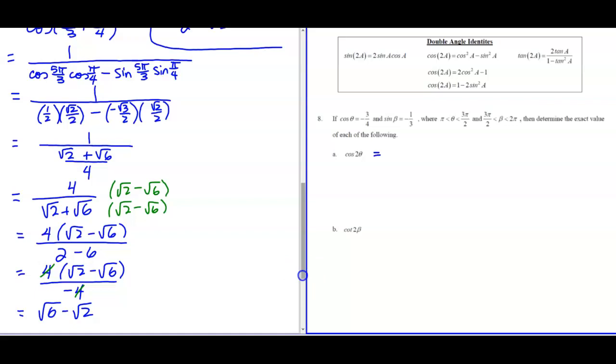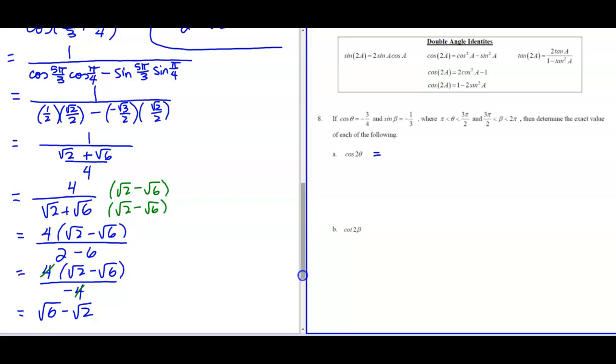we have a few choices. There are 3 trig identities for cos of 2 times an angle. If we know the value of cos of a single angle, then remember, take a look at the identity that has just the cos of a single angle.